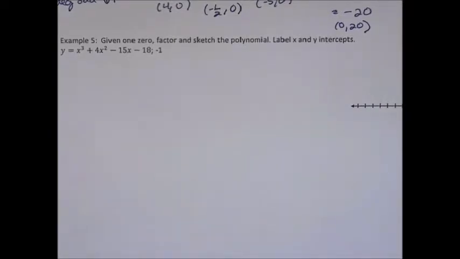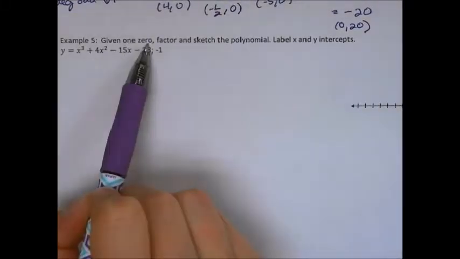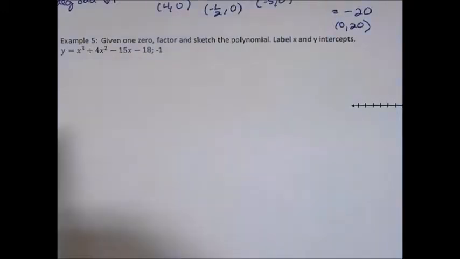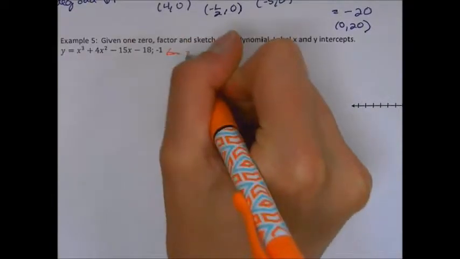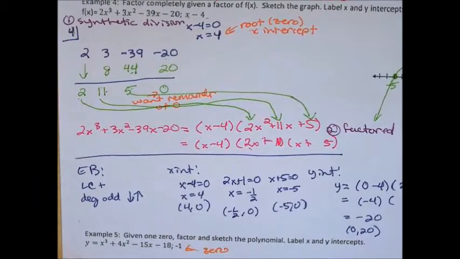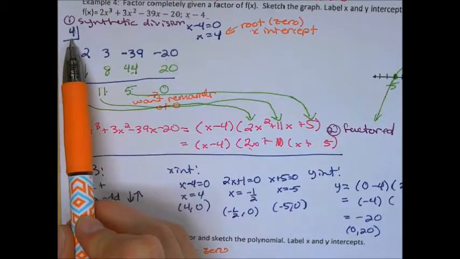For example 5, we're going to use synthetic division again. Given 1, 0, factor and sketch the polynomial. So note that we're already given the 0. Our 0 is negative 1. Note in the previous example, we used the 0 here.